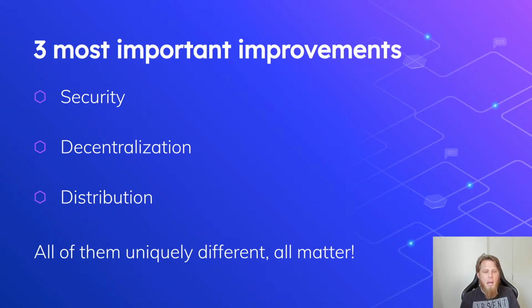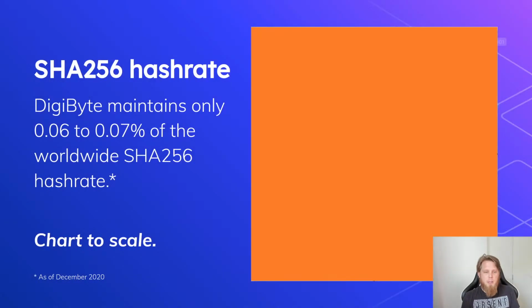So, at the moment, DigiByte makes up approximately 0.06 to 0.07% of the global SHA-256 hash rate. That's under 1/10%. Now this chart here is to scale at a pixel level, at least when I created it, and so it's almost universally agreed upon that SHA-256 needs to go.